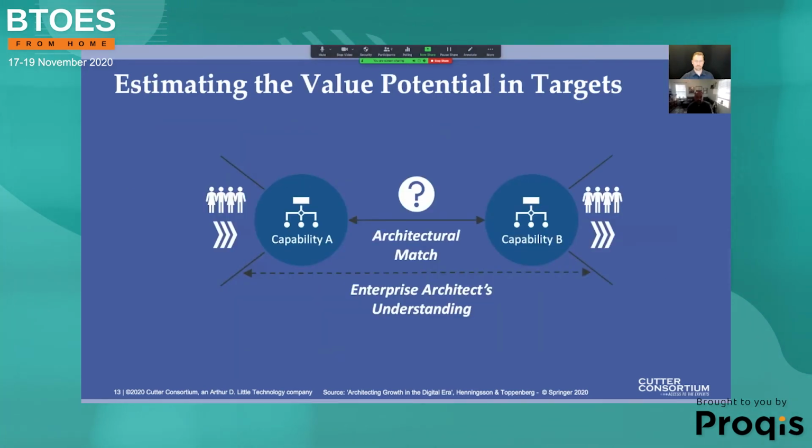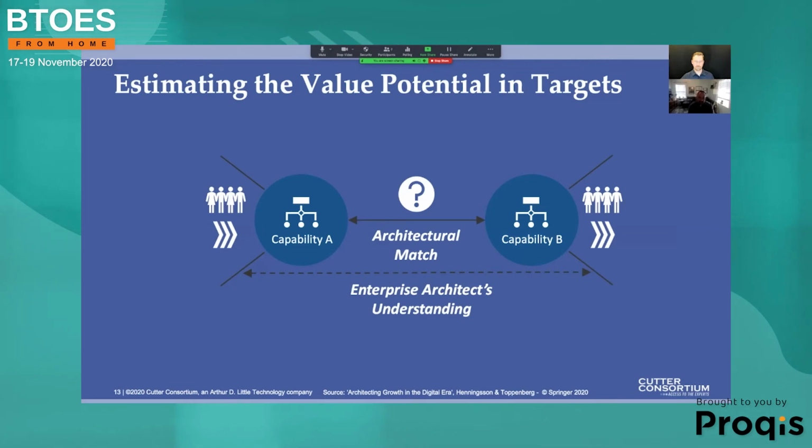So this is looking at, once you're in this space of the enterprise architect, and you're looking at all of these different capabilities, artifacts, and capacities that you have, how can you help to connect the dots? Either you're invited to participate in an active role, or you may be thinking, hey, there's an architectural match that really nobody is talking about.